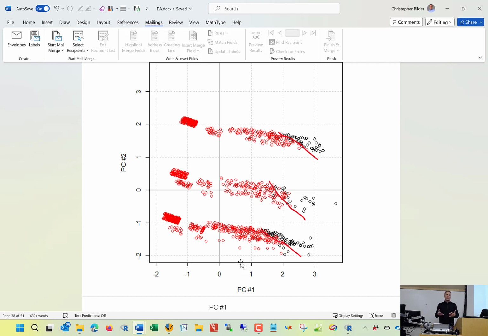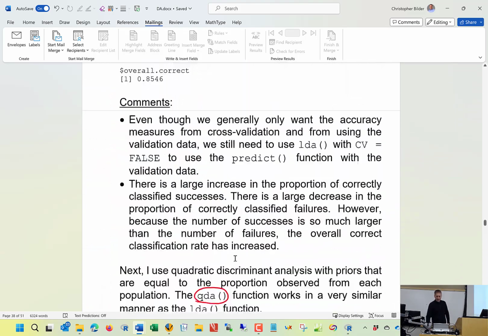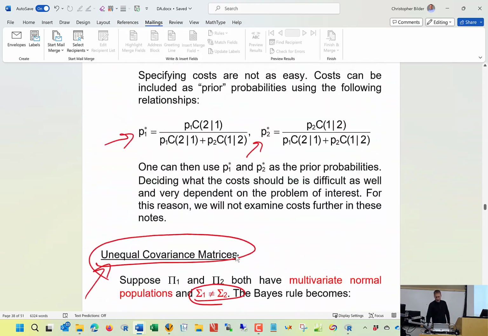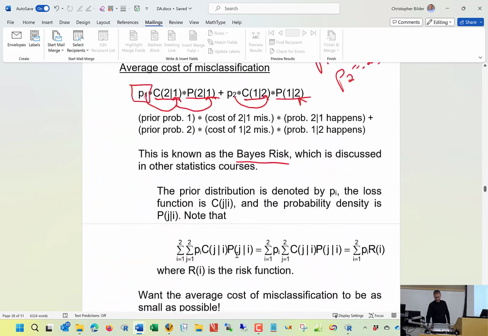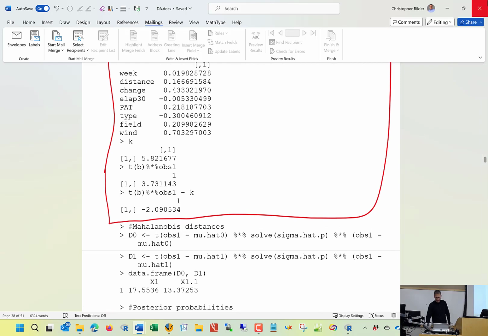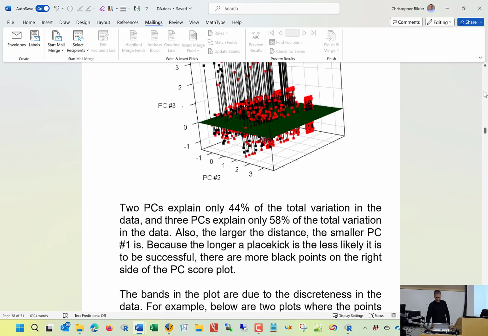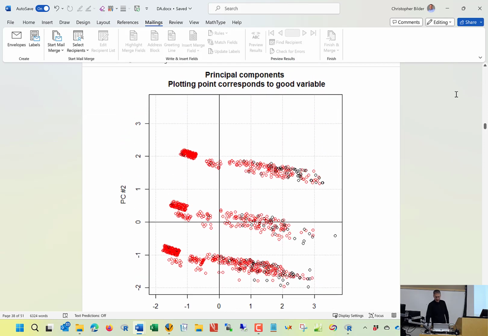Now, why is it doing that? Well, this is when you go back to one of our original plots where we did principal component analysis. Eventually, I'll get there. Let's try to do this a little bit faster. There we go. And so this is what we had originally.